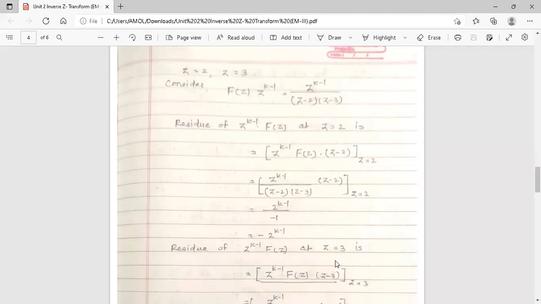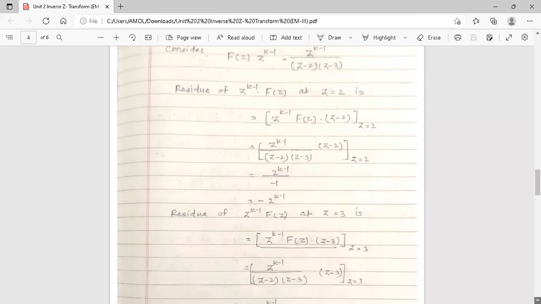Similarly, here r is equal to 1 for z is equal to 3, because 3 in the denominator, the term is z minus 3 to the power 1, means r is equal to 1. So z is equal to 3 is a simple pole, so r is equal to 1. So similarly, as we found the residue at z is equal to 2, we can find the residue at z is equal to 3.